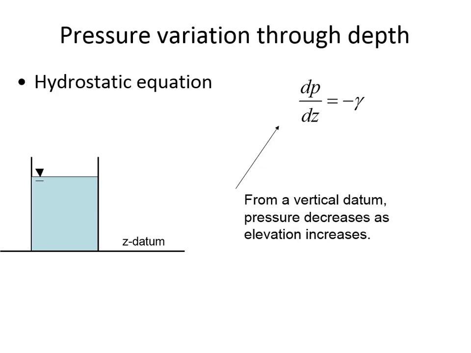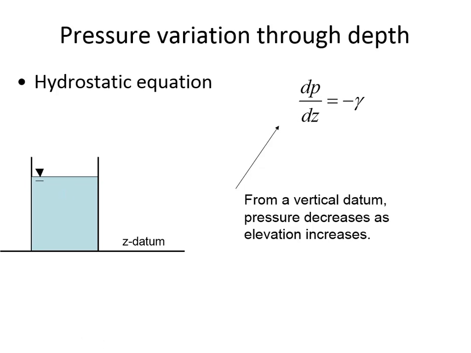dP divided by dZ. Let's say I'm going down in the water from the top of the tank. What is the hydrostatic equation saying? If I'm here in the tank and I'm going down through the water, dZ is decreasing, so pressure is going to be increasing.